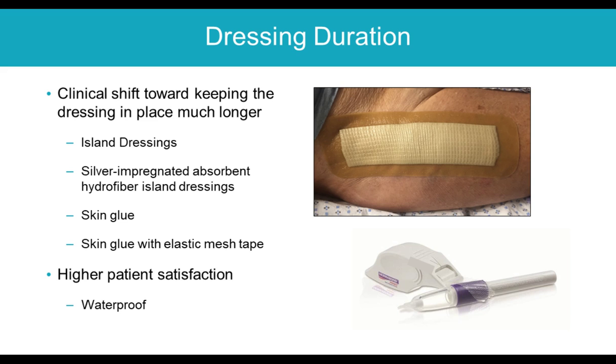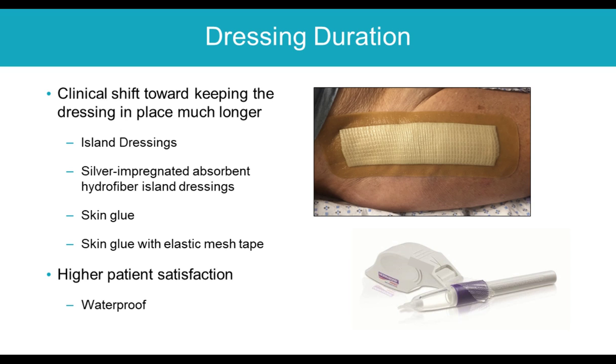But more often now we're using island dressings, something like this silver impregnated hydrofiber dressing that you see on the top image, or skin glue with or without these elastic mesh tapes that help hold the incision together. And the shift in this has come for a few reasons. Number one, these have been associated with better outcomes in our patients, but there's also been a patient perception that these are friendlier dressings that don't have to be changed on a daily basis.